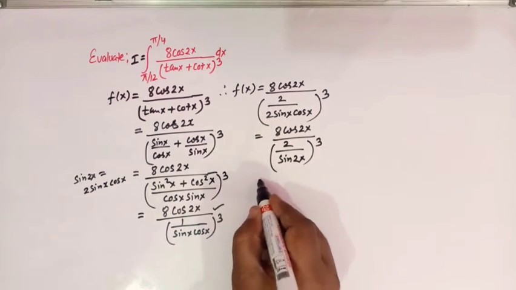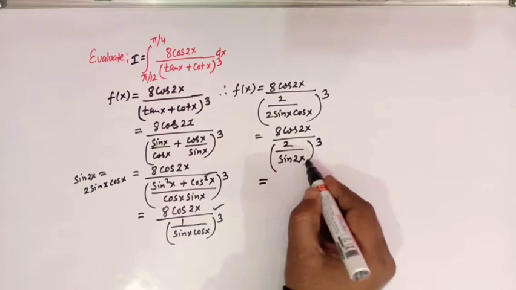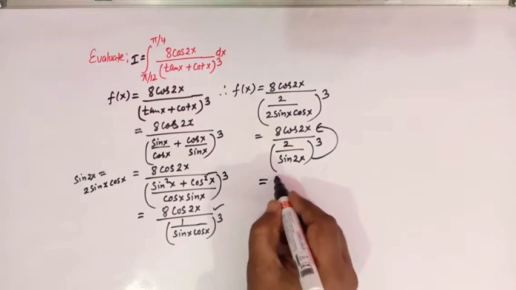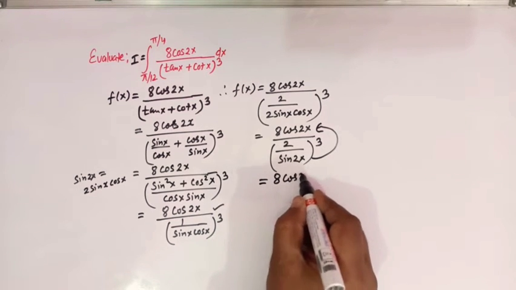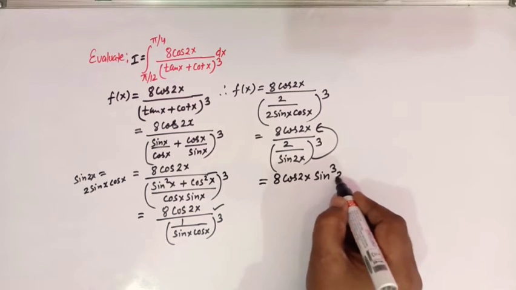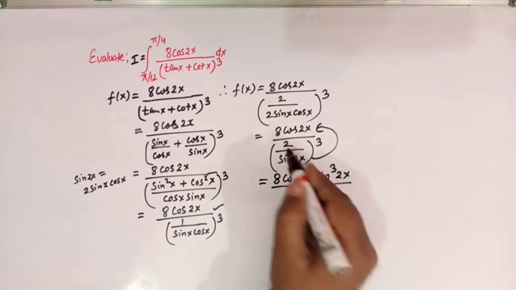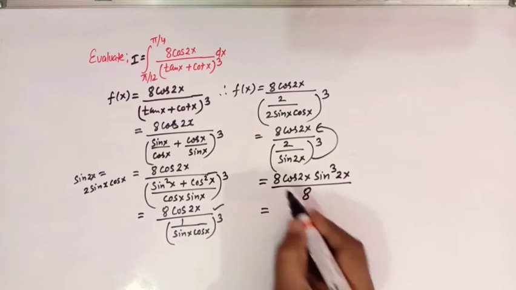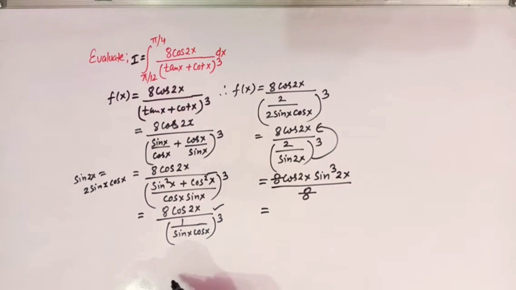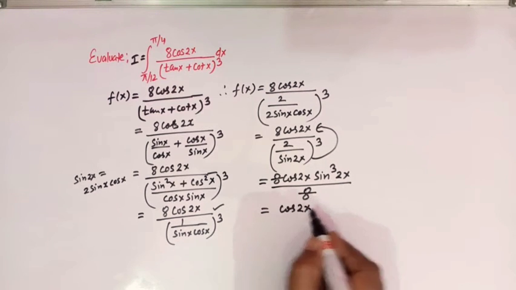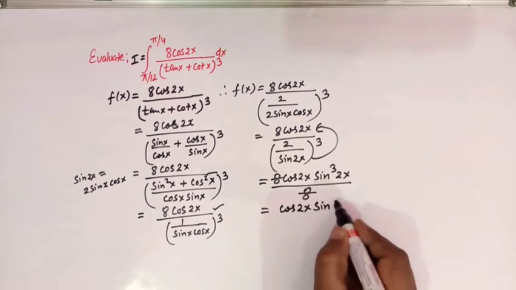Now we can take this sin 2x to the numerator, so we have 8 cos 2x and sin cube 2x divided by 2 cube, which is 8. Now this 8 and this 8 get cancelled and we are left with cos 2x sin cube 2x.